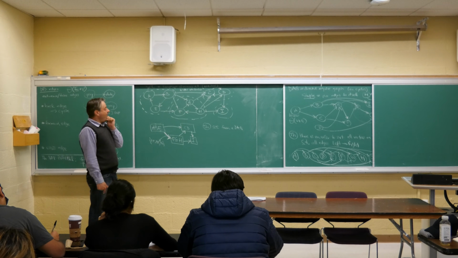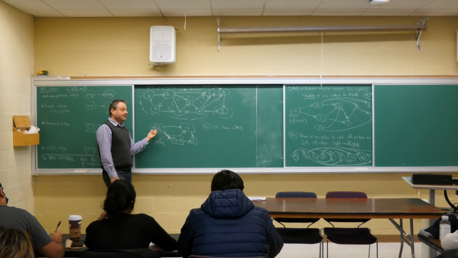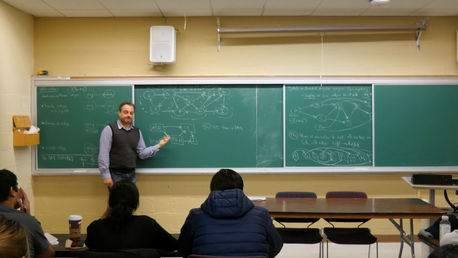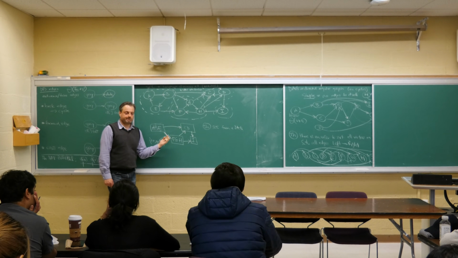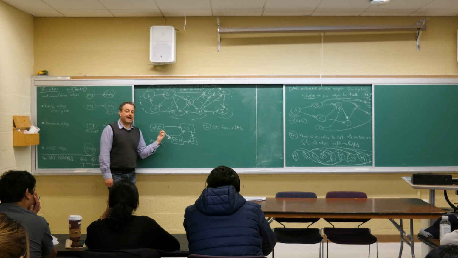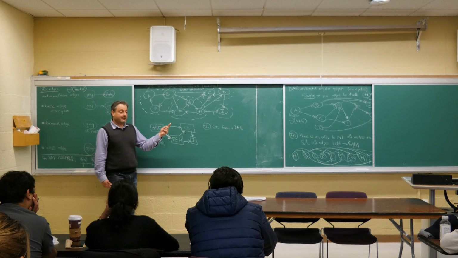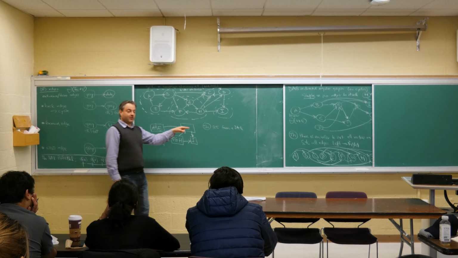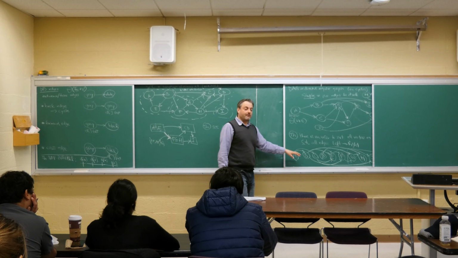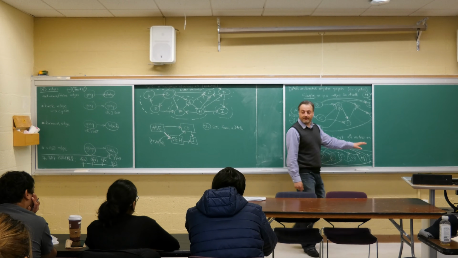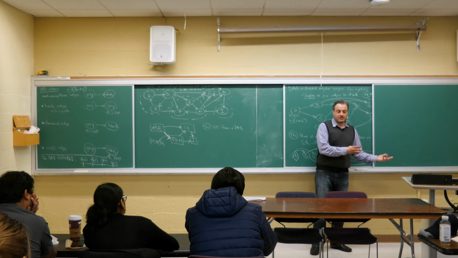Now, how can I detect these components? Again, I don't have them, but I'm doing an analysis as if I have them. In a DAG, I remember from the DAG problem, there are some nodes that have no incoming edges and some nodes that have no outgoing edges.